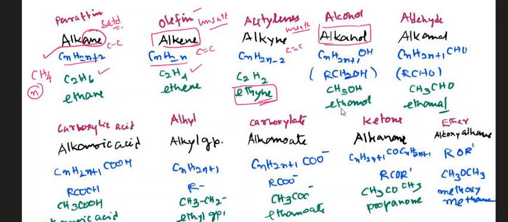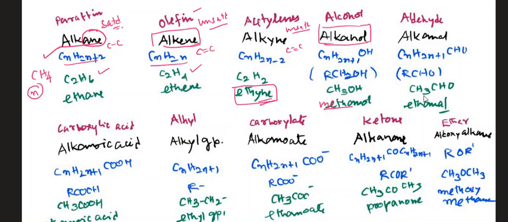The first compound is methanol. Second is ethanol, C2H5OH. C3H7OH is propanol. C4H9OH is butanol. So likewise it goes: methanol, ethanol, propanol, butanol, pentanol, hexanol, heptanol, octanol, nonanol, decanol, like that.